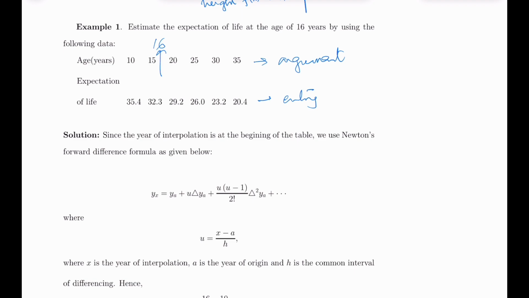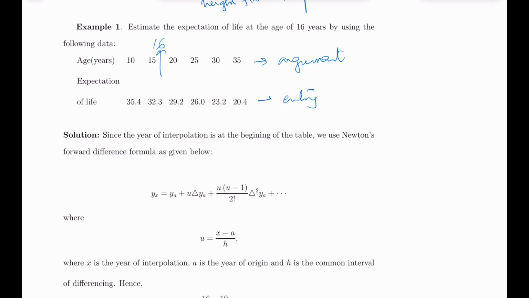The first argument is 10. So a is 10, h is 5, and x is 16, because this is the argument for which the expectation of life is required to be determined.